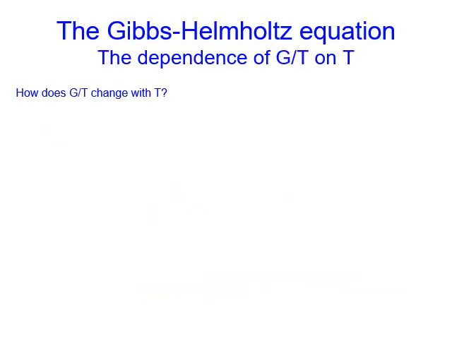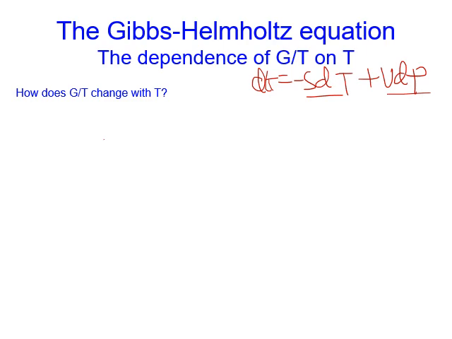In the last few slides, we studied how Gibbs energy changes with pressure. Now we are going to study how Gibbs energy changes with temperature. According to the fundamental equation, dG equals negative SdT plus Vdp. The first term tells you how Gibbs energy changes with temperature, and the second tells you how it changes with pressure.